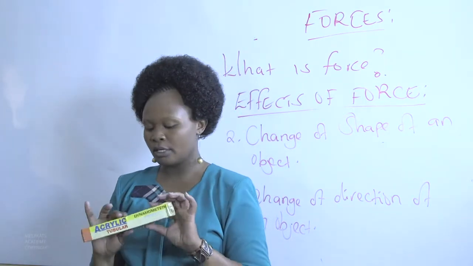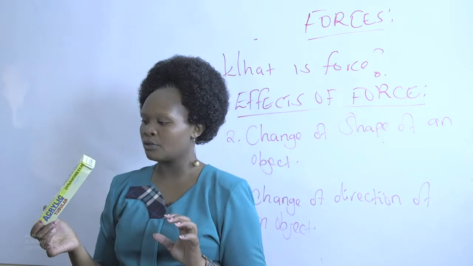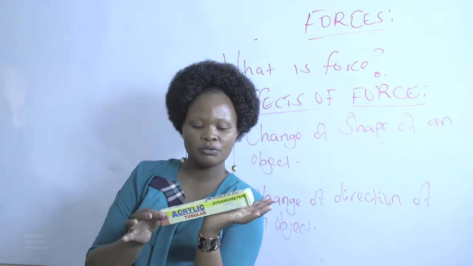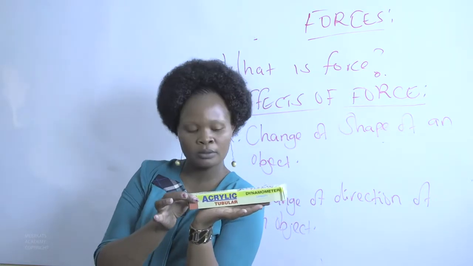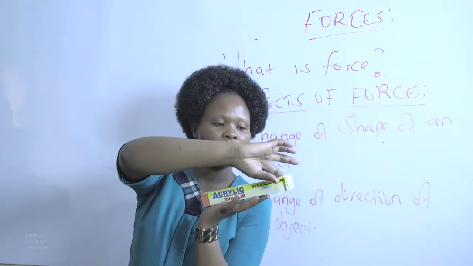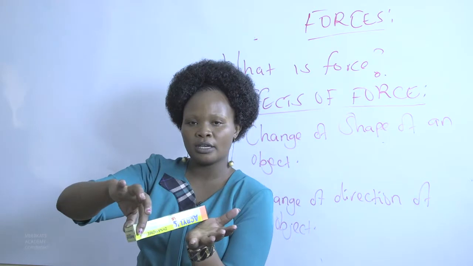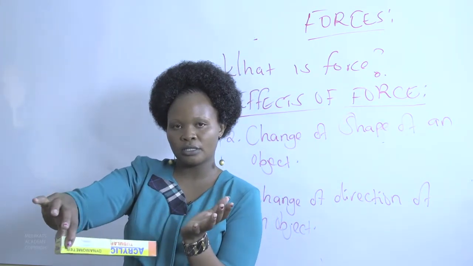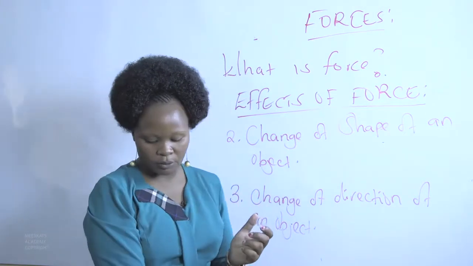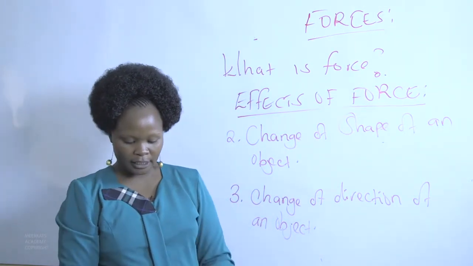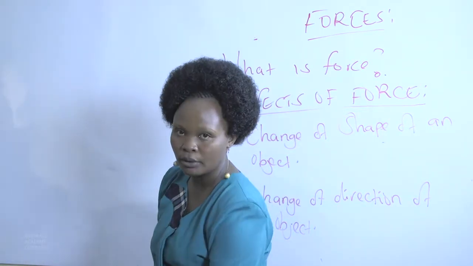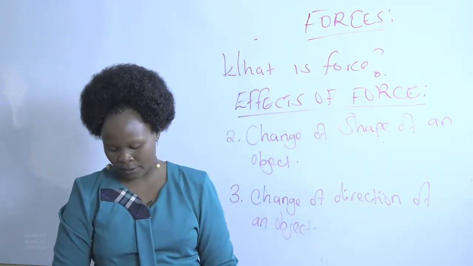Again, let us come back to this box of ours, and we assume the box is moving towards this direction, and we apply a force to the other end. What will happen is that we will change the direction of movement of the box. That is an effect that can also be brought about by a force.